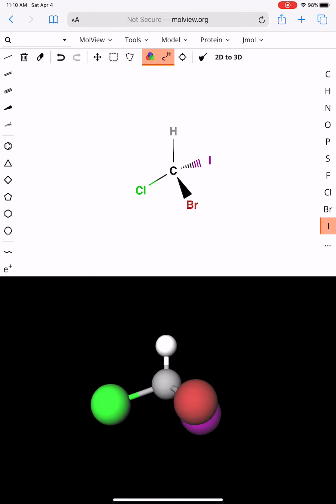So I'm rotating it now so that the hydrogen and the chlorine are flat, and we can see that the red sphere, which is the bromine, is sticking up, and the purple sphere, or pink, whatever color that is, the iodine, is sticking down in the back. So this is our standard wedge and dash notation that we use to draw a molecule to represent its chirality or its shape. So let's go back to our notes.